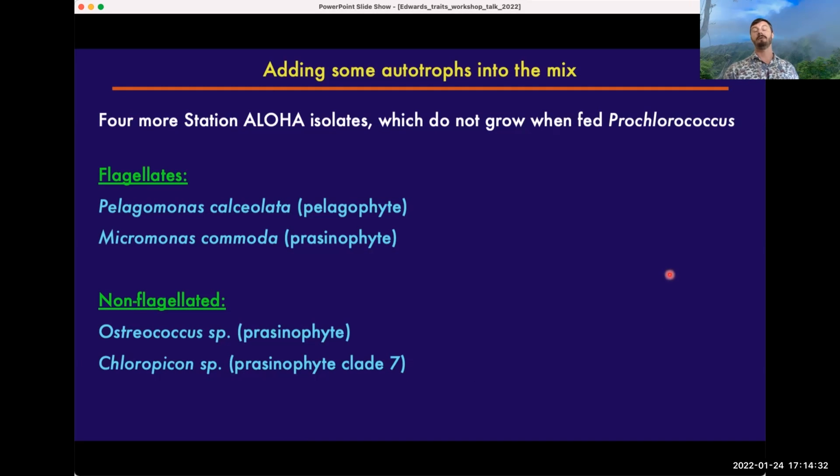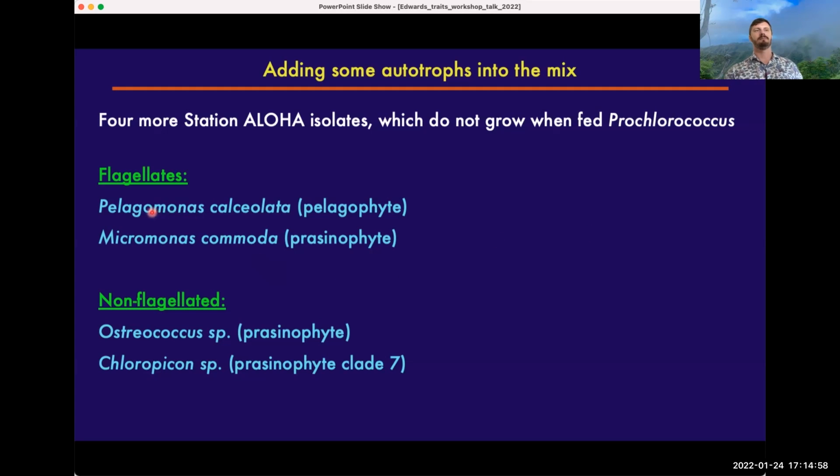Okay, so to dig more into this idea of a spectrum of trophic strategies, I also wanted to add in some autotrophs, or things that we think are autotrophs. So these are 4 more Station Aloha isolates. I'm going to refer to them as autotrophs just because they don't grow when you feed them Prochlorococcus. They can't substitute dissolved nutrients with Pro as prey.